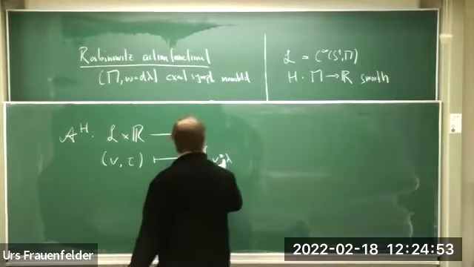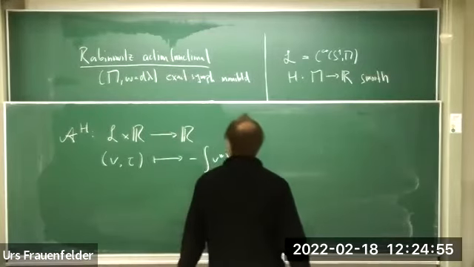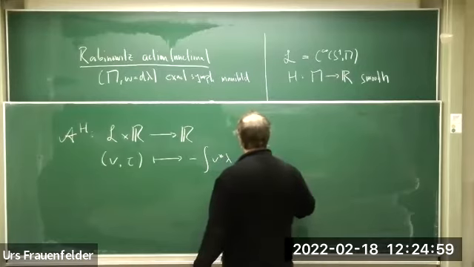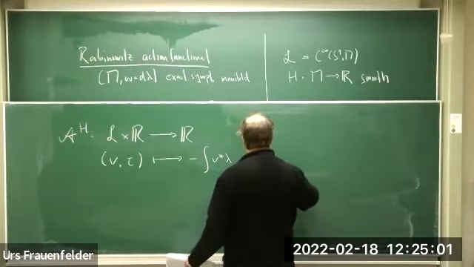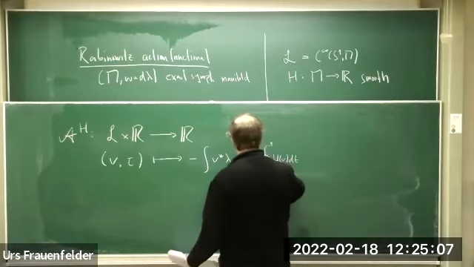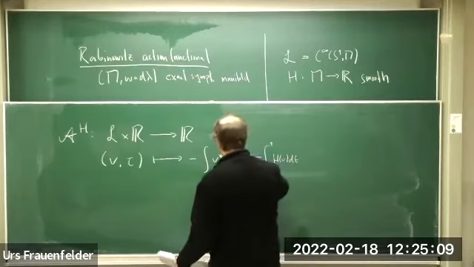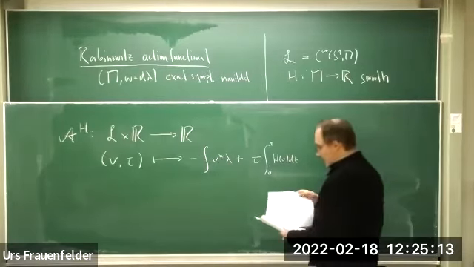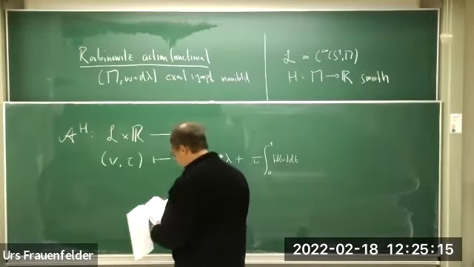So that corresponds to the little f we had before. Then the little h we had before is now the mean value of H along the loop, and here we have the Lagrange multiplier. So this is the Rabinowitz action functional.